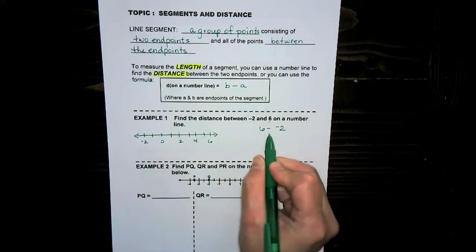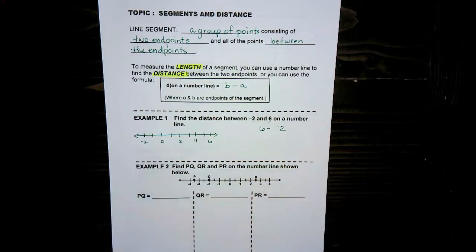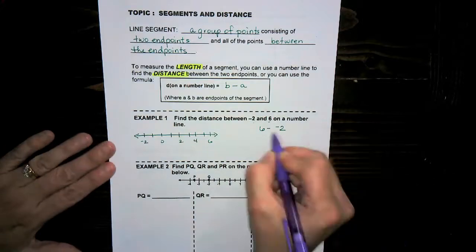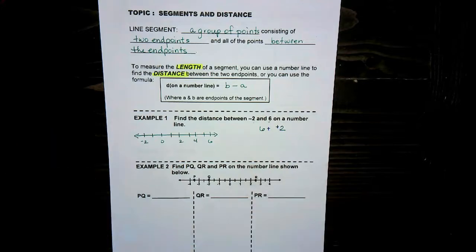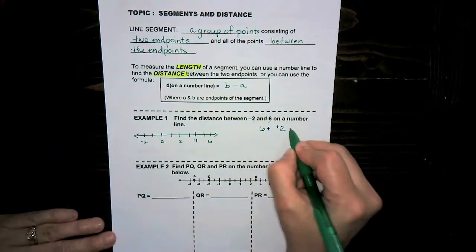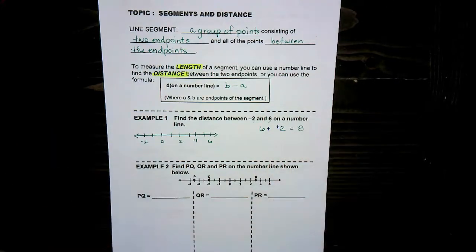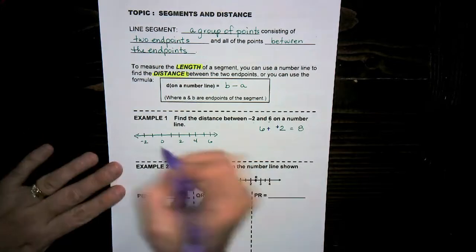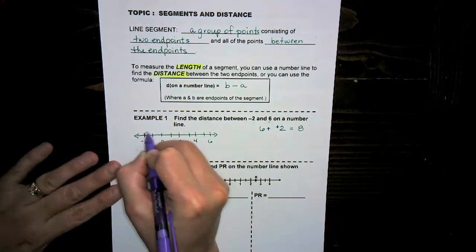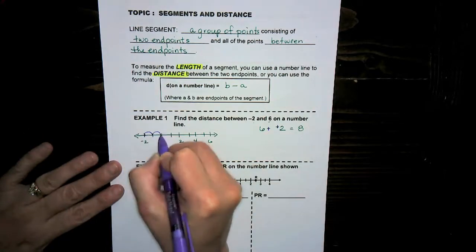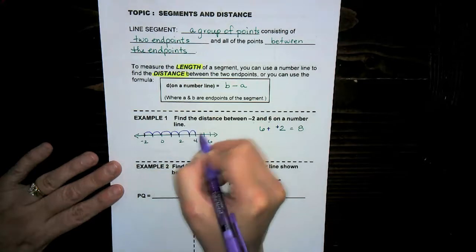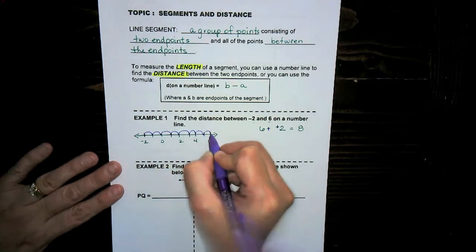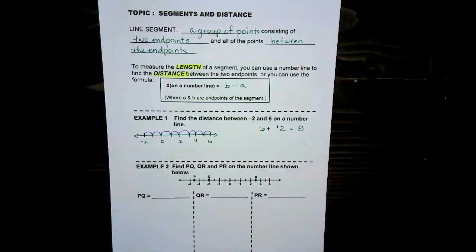Now, I'm making a big deal out of that because when we have minus a negative, we have to change that to plus by changing the sign of the next number. So you can see that my distance here would be 8, but let's count it visually just to make sure, right? So I've got 1, 2, 3, 4, 5, 6, 7, 8. And our formula does work here.